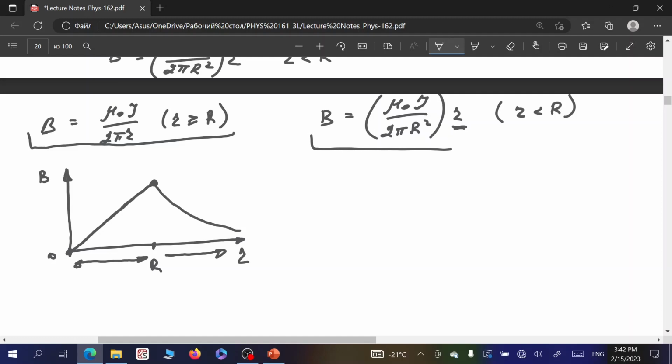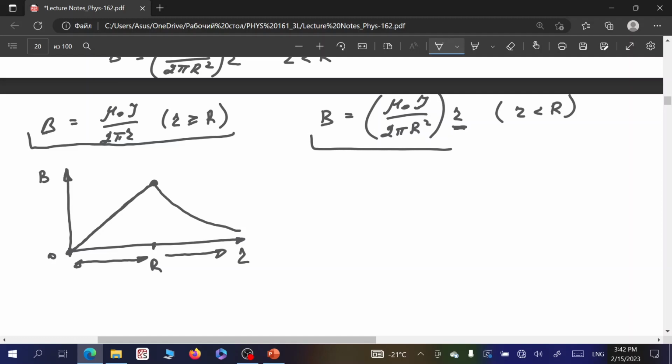So now, with the help of Ampere's law, we managed to build the profile of magnetic field, with a linear increase inside and decay outside of the conductor. And everything was done with quite little effort due to the application of Ampere's law.